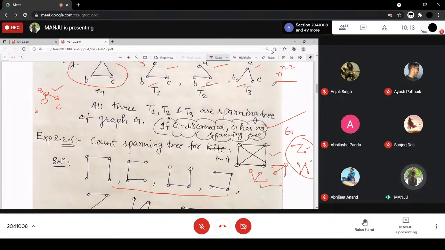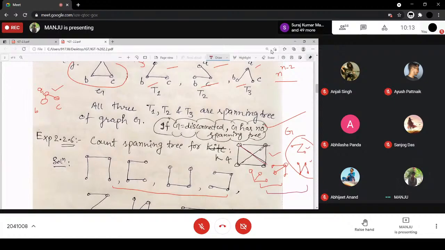See, we have listed all these for kite. So these 8 are also for K4. What else? See these four containing the diagonal. So we have the next diagonal, this one. So there will be four more containing this diagonal, right? This diagonal plus two edges, this diagonal plus two edges, this diagonal plus two edges.